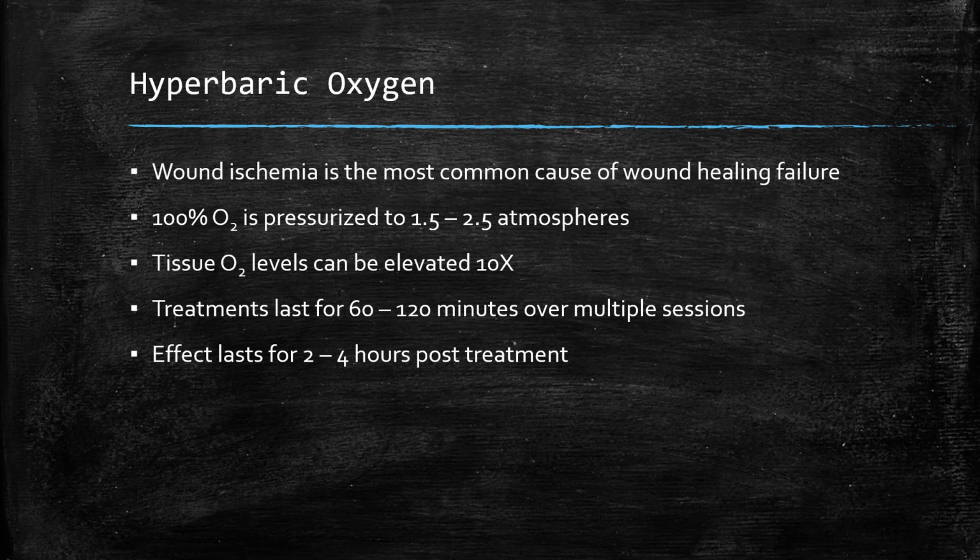This allows tissue oxygen levels to rise to levels that can be as high as 10 times baseline. The effects of this elevated oxygen persist for 2 to 4 hours post-treatment. These treatments last anywhere from 60 to 120 minutes, and they're repeated over multiple sessions.